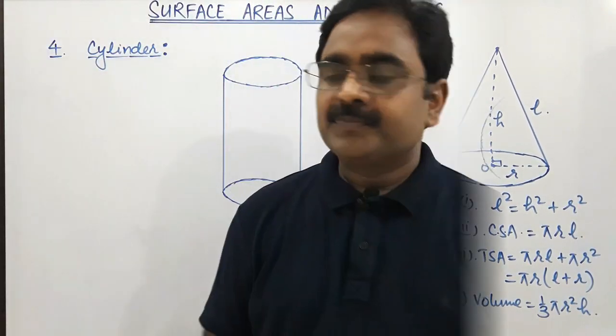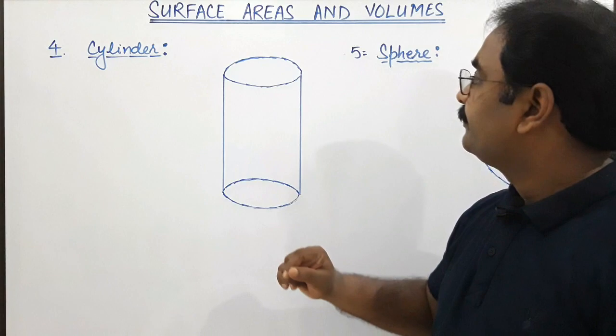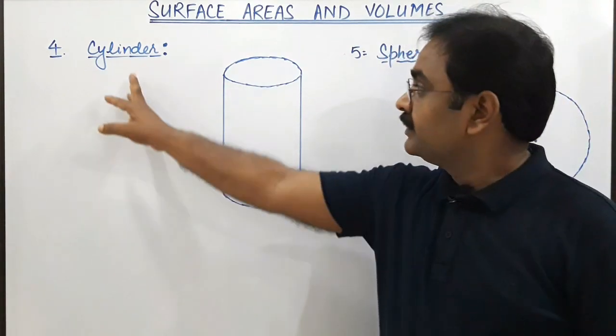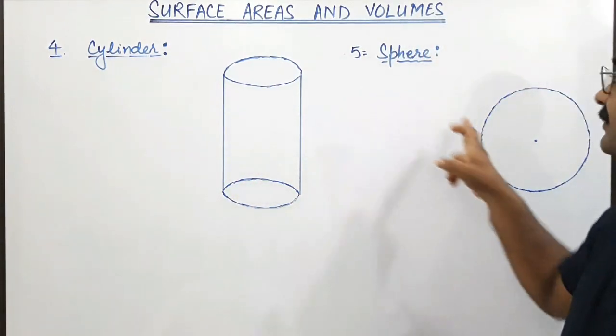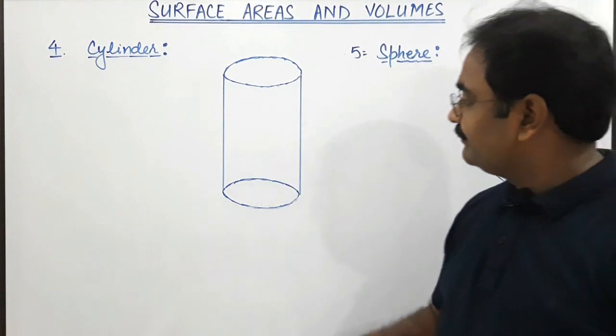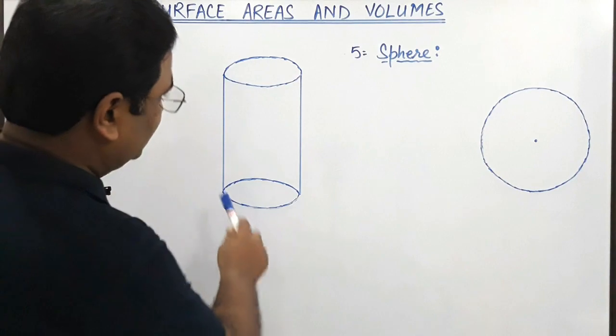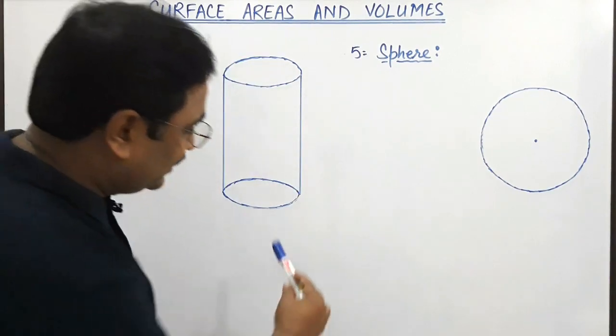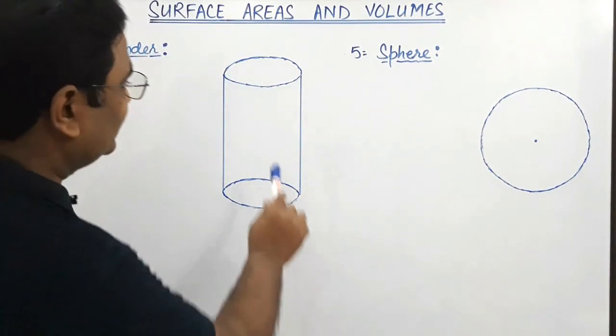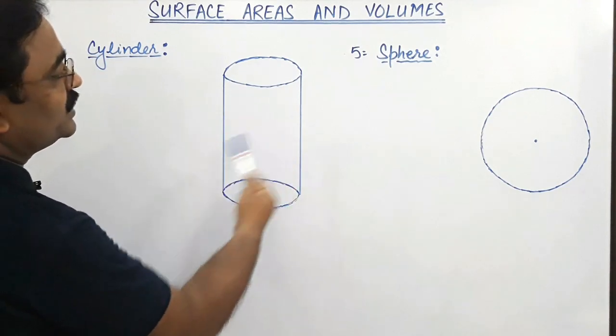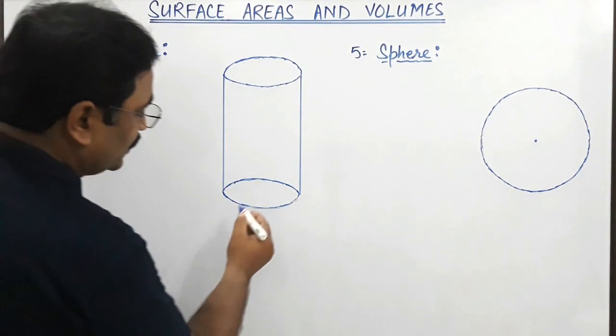Okay. So here are the two other shapes, the cylinder and the sphere. In the cylinder, as you know, there are three faces: the top, which is circular, the base, which is also circular, and the curved surface.